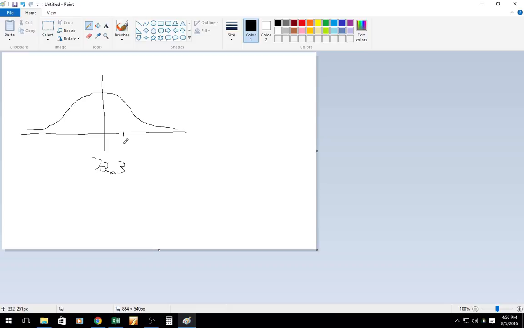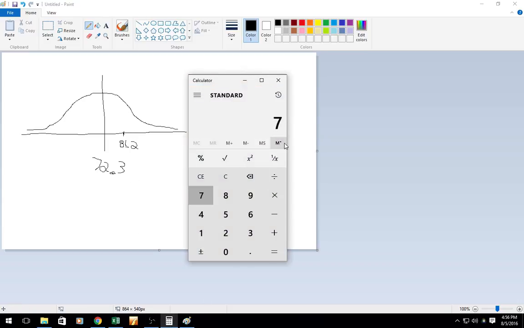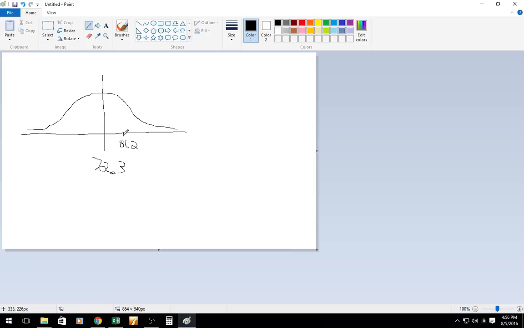So it would be 72.3 plus 8.9, which is 81.2. And of course, you would have another standard deviation above that, adding 8.9, and as we go below, we would subtract 8.9, and this would sort of be the distribution of our data.